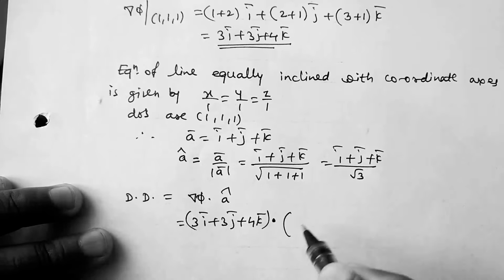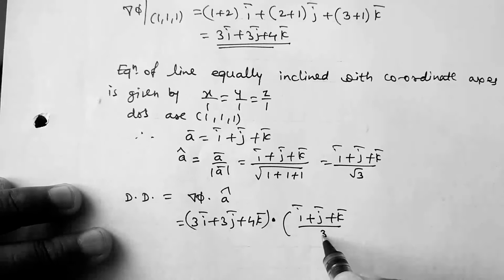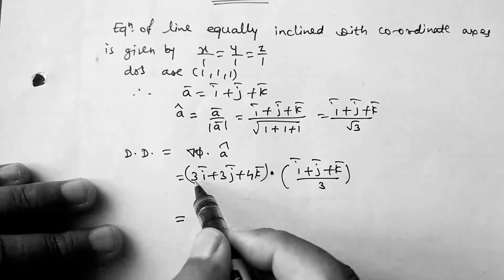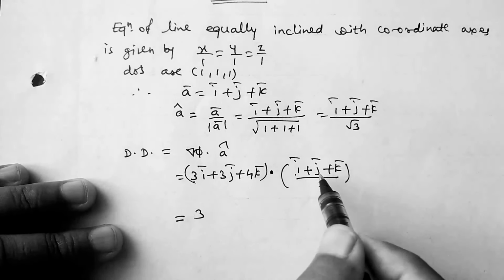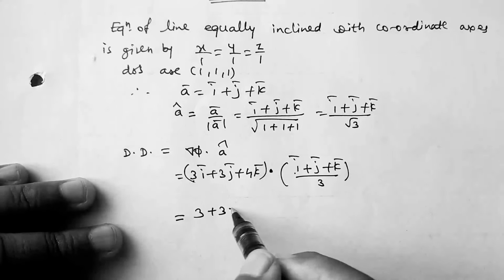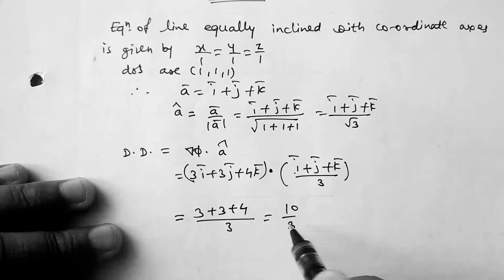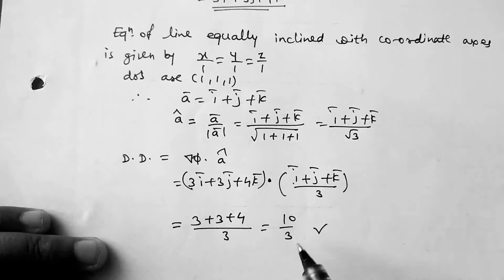Dot product with a cap. A cap is i bar plus j bar plus k bar upon root 3. Now calculating dot product, a1 into b1, 3 into 1 that is 3, a2 into b2, 3 into 1 that is 3, a3 into b3, 4 into 1 that is 4, upon this root 3 as it is, that is 10 upon root 3. That is the final answer of this problem, directional derivative.